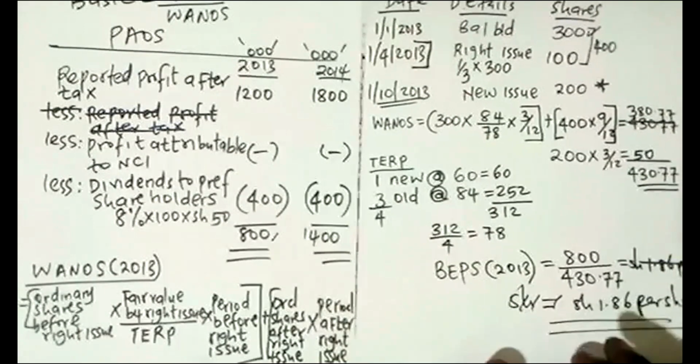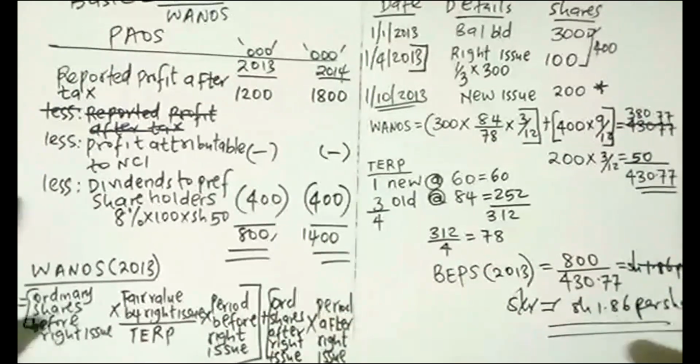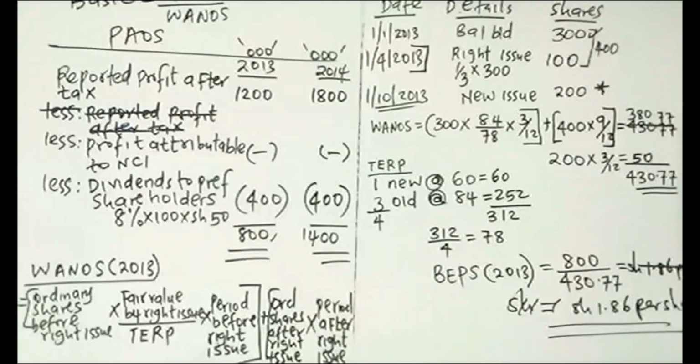And so let us do 2014. So in 2014, there is no rights issue, so there's no use of writing the formula. We only use the formula when we have a rights issue.